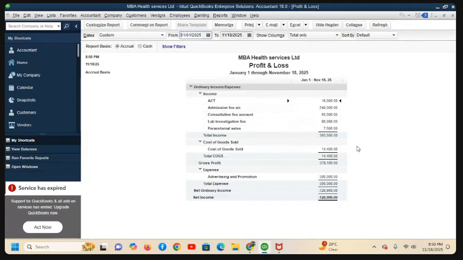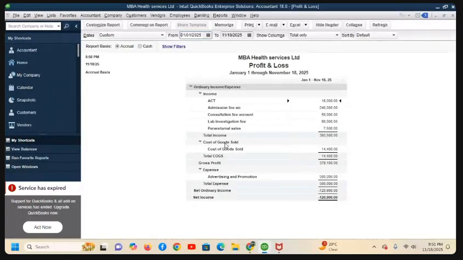Are you seeing the source of income? We have sold, we have administered ACT, we charged this. Admission fee for 2 days is this. Consultancy fee 50, lab investigation fee 80, then the paracetamol we sold. This is the amount of the sales we have made.